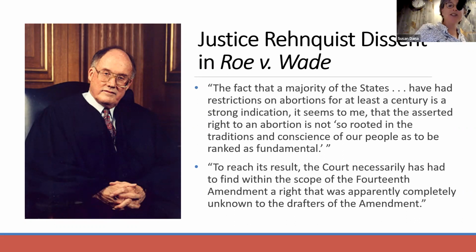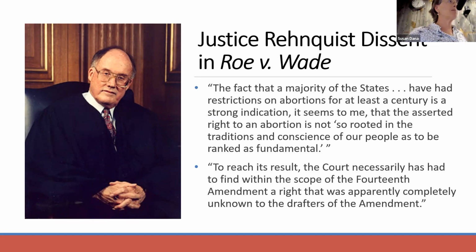And he goes on to say, so the court necessarily has had to find within the scope of the 14th Amendment a right that was apparently completely unknown to the drafters of the amendment. So here again, you see this fight between the living constitutionalists who say there has to be privacy in order to have liberty, and privacy based on long precedent includes marriage, procreation, education, and so on.